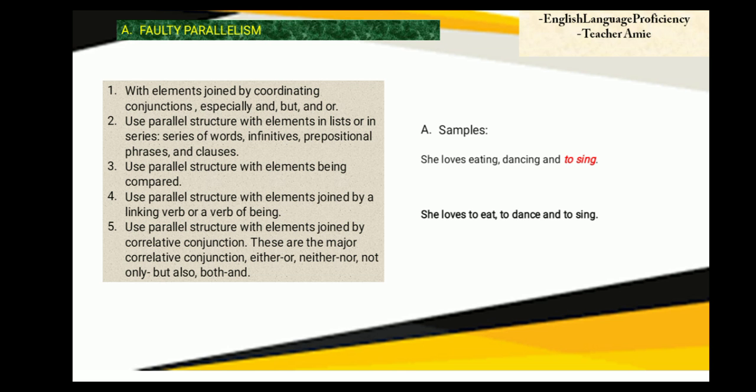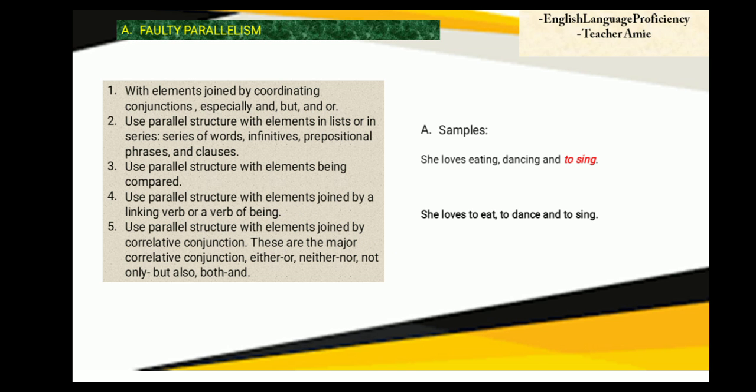So, this is actually saying that you should use parallel structure when constructing sentences. So, for example here, she loves eating, dancing, and to sing. So, tingnan niyo yung sentence ngayon. Parang hindi na siya pareho.